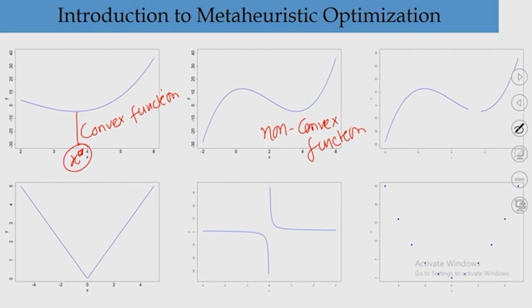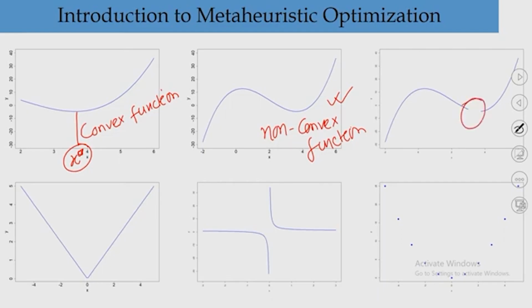But I will get only one of the solutions. If you have multiple optimal solutions, then you will get one of them if you apply the gradient based classical optimization technique. It depends upon what initial solution you have provided. So, you will get one of the optimal solutions of the problem.